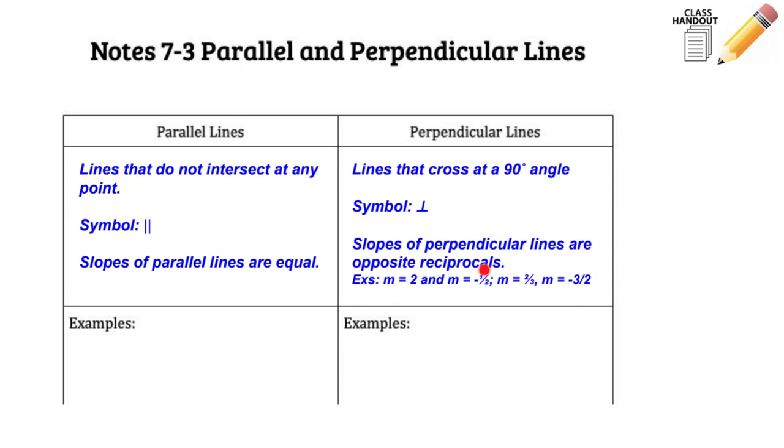And then when we say reciprocals, it means if it's a fraction, it's flipped around. So for example, the lines with slopes m equals 2 and m equals -1/2 are going to be perpendicular. Likewise, we can have a slope of 2/3 and a slope of -3/2. Since those are opposite reciprocals, those lines would be perpendicular.